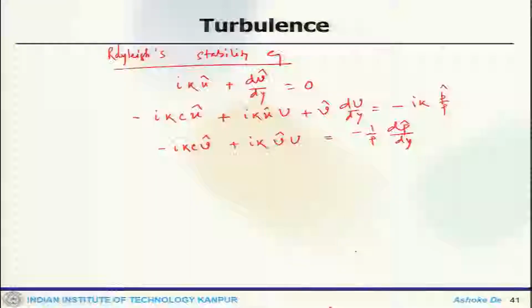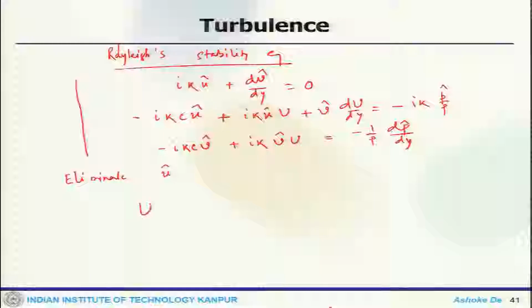Now, from this set of equations, what can we do? We can eliminate u hat from the first equation and p hat from the second and third equations.